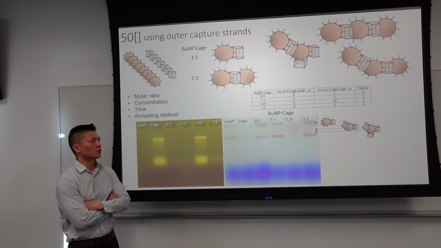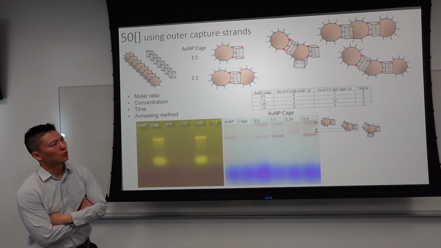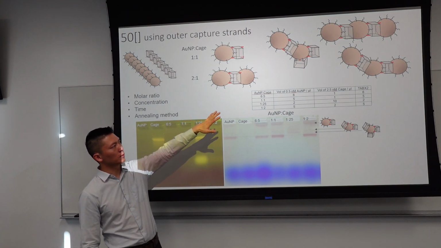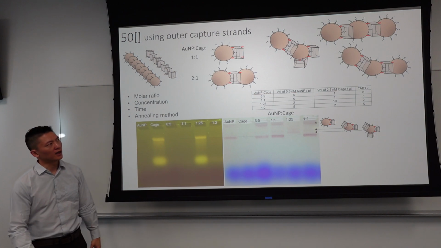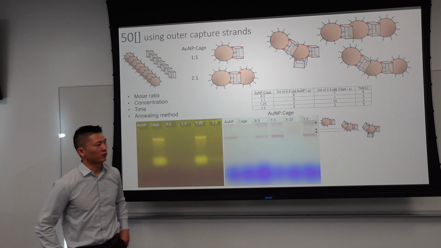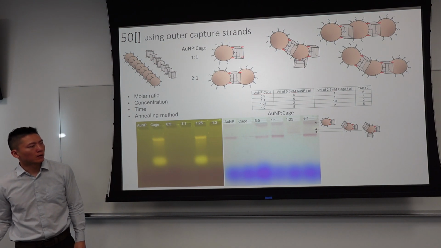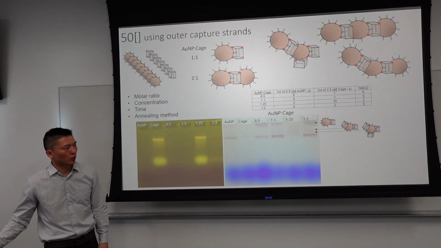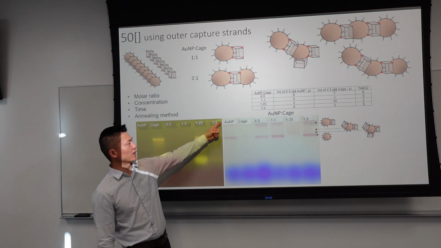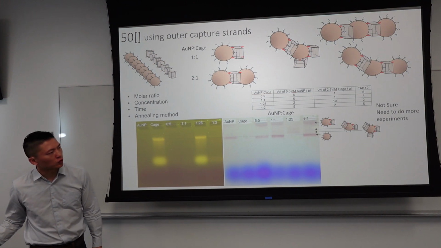The cages are in higher molar ratio than the gold nanoparticles, so I don't really believe that we'll be forming more of the structures you see above here, where there are multiple nanoparticles attached to each other, just because there's not as many of them, especially this 1-to-25 that I'm showing you here. Anyhow, I definitely don't believe this is true, though. I really don't know what's happening. And the last band I do assign to be the gold nanoparticle, because that's where the gold nanoparticle band is lining up. Anyways, just to finish up, I'm not sure what's happening.